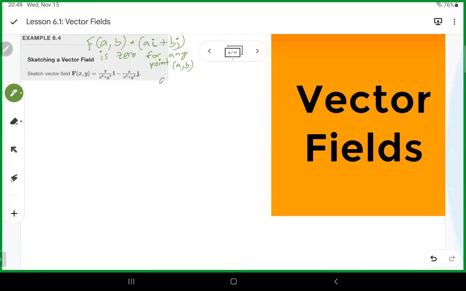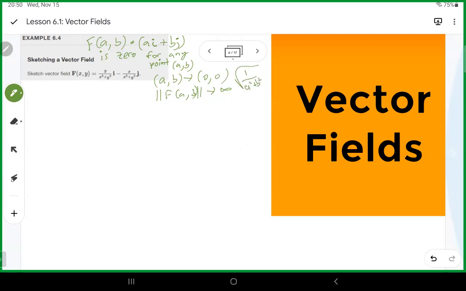So, to get an idea of that, as (a, b) approaches (0, 0), the magnitude approaches infinity. You can see that because the magnitude, you would get by doing the square root of 1 over a squared plus b squared, really.